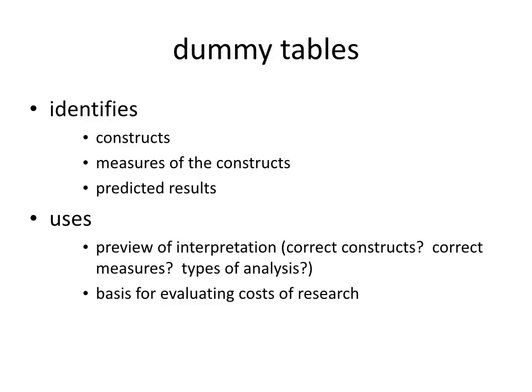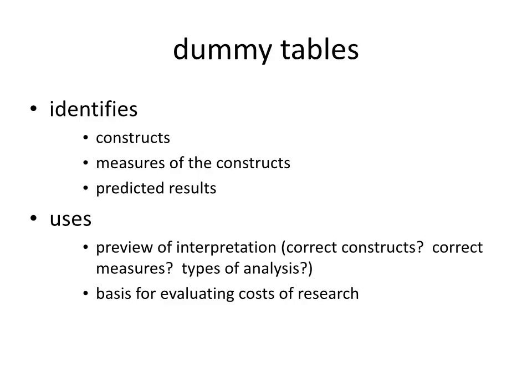The essence of a dummy table is that it identifies the constructs that are being measured, the way those constructs are being measured, that is the specific measure. So a construct might be interest in the product, and the measure might be how long people look at the package, whether or not people hold the package, how much people can tell you about the brand, or how accurately they can identify attributes of the brand.